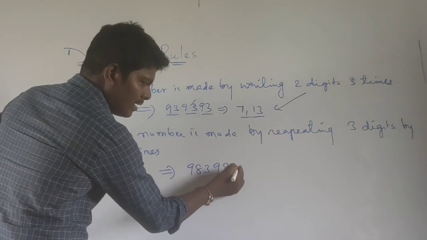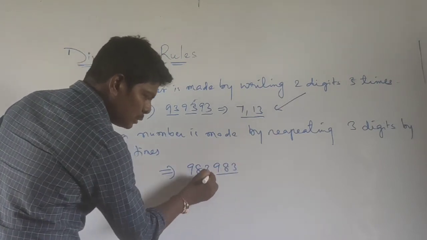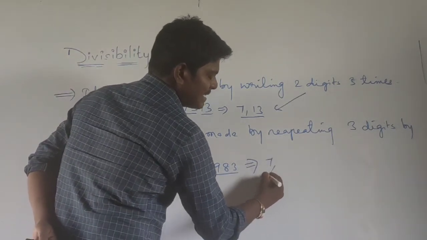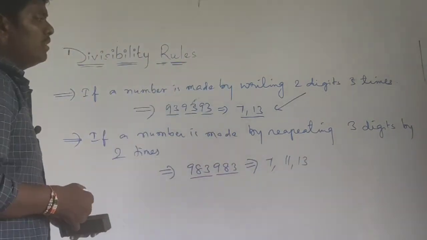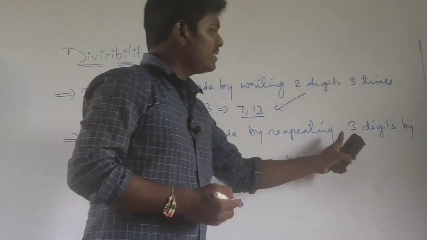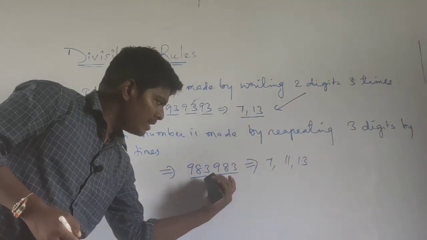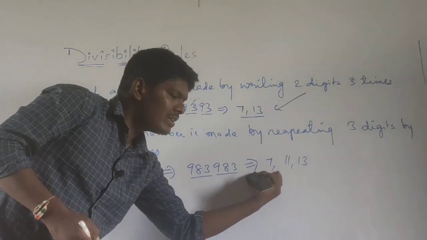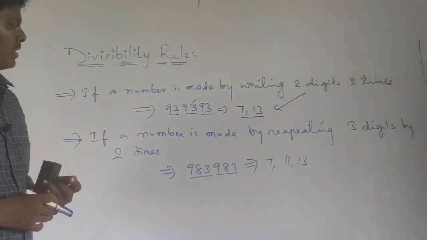It is made by writing a 3-digit number 2 times. So this number is divisible by 7, 11 and 13. Very simple: repeating a 3-digit number 2 times. Here 983 was written 2 times, so this number is divisible by 7, 11 and 13.